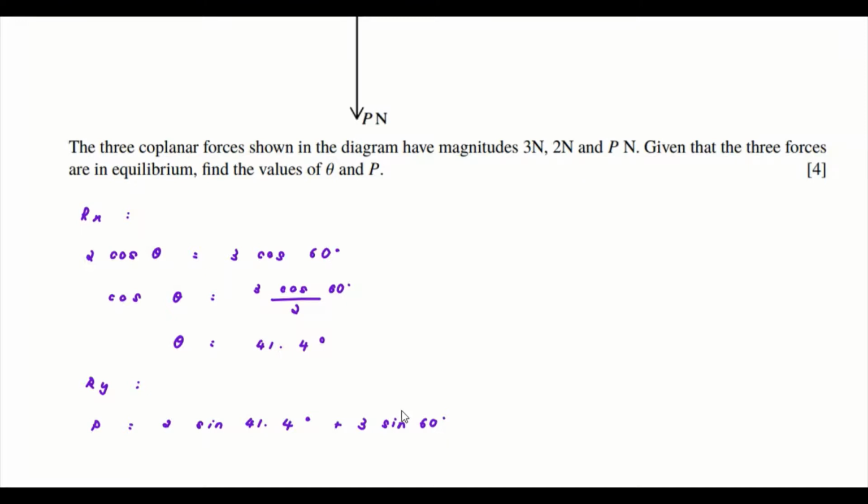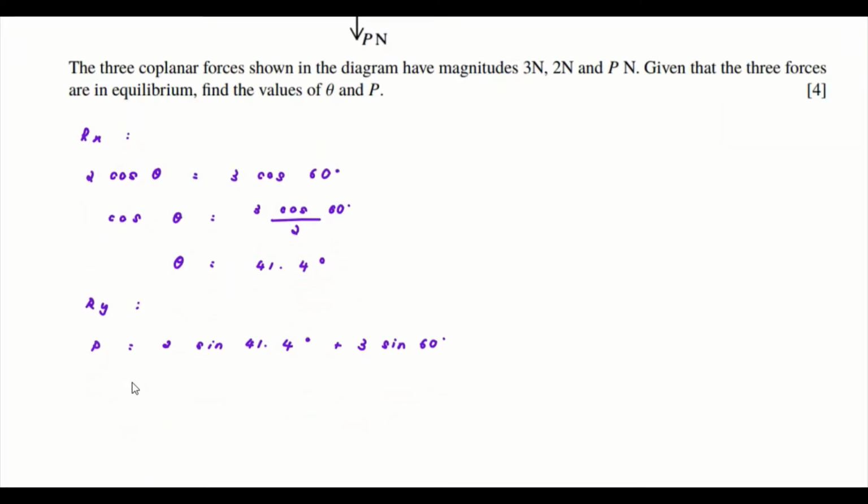After we got this, we can use our calculator to solve, and you will be able to get 3.92 Newton, in 3 SF. I think this question is pretty simple. You can see it's only a 4 marks question, because by resolving once, you can get one unknown already. So you don't need to solve simultaneous equations, which is harder, like the trigo part.